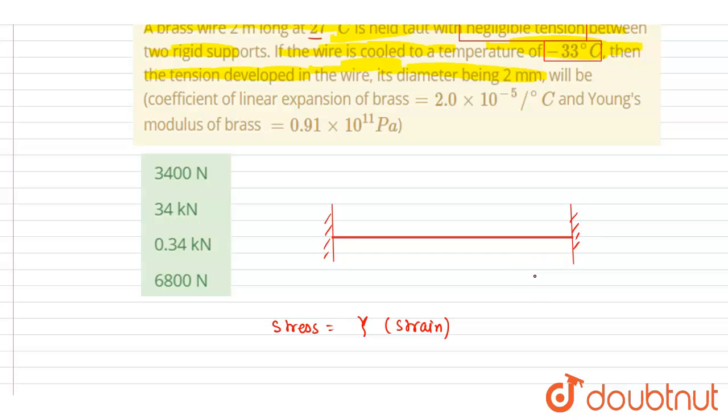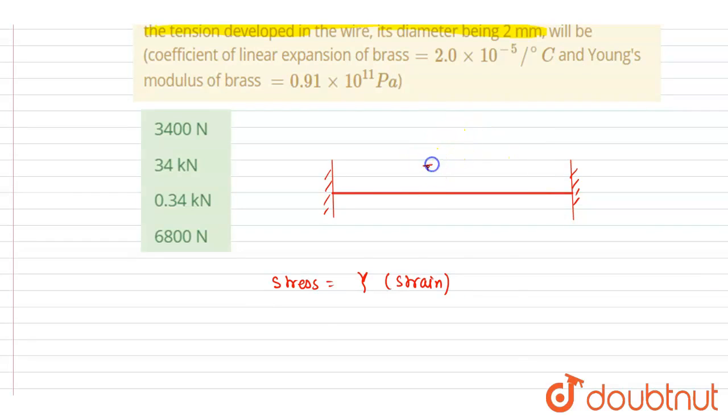But now it is fixed at both ends, so it is not able to contract itself. So here the stress will be developed. Let's say the tension developed is T, so T by A is equal to Young's modulus times strain, which is change in length by original length.